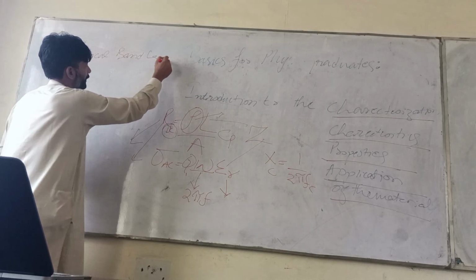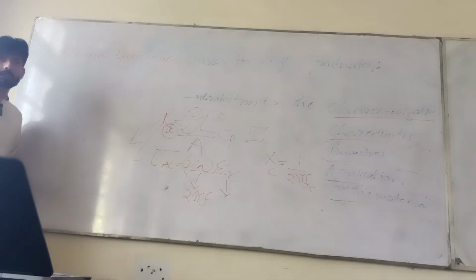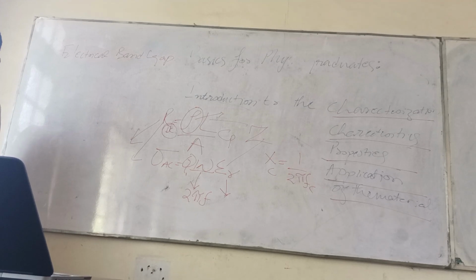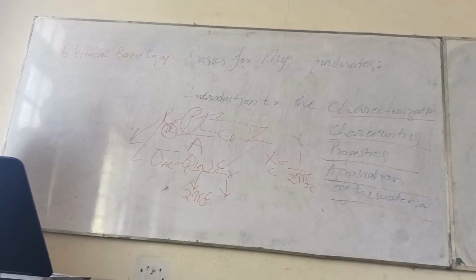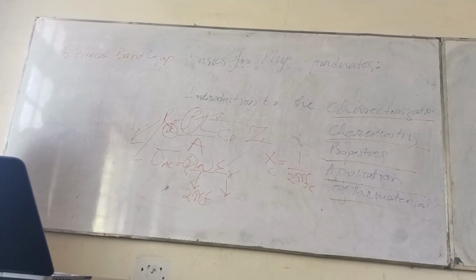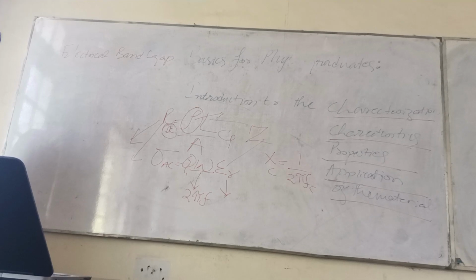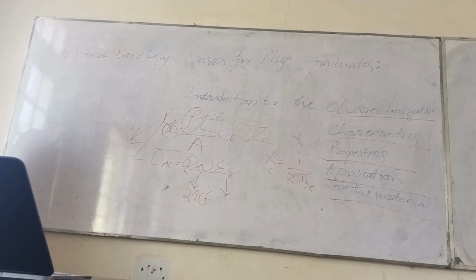I will show you the difference between the electrical and the optical band gap. You know the band gap, I think. If I say it is a potential difference, this is wrong. It is an energy difference.